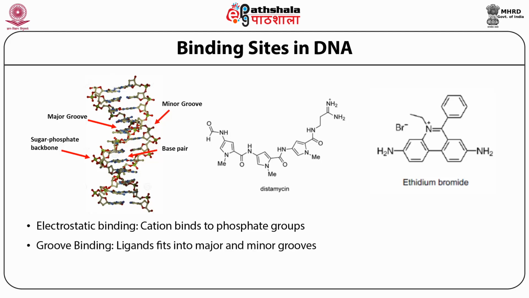In groove binding, particular molecules like distamycin or ethylhistamycin, such a family of compounds, can bind to the major groove or minor groove depending on the ligand fitting. The third mode of binding to DNA is when you have a large pi electron surface, and the base pairs, as we know, also have a large pi electron surface. So compounds like ethidium bromide can go deep inside and intercalate with the base pairs.